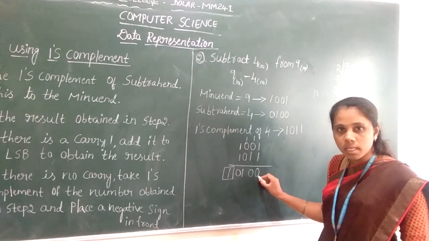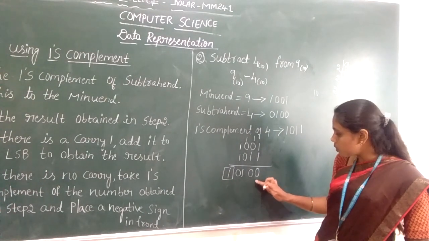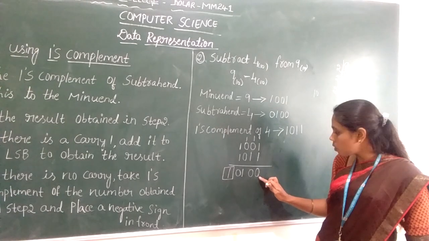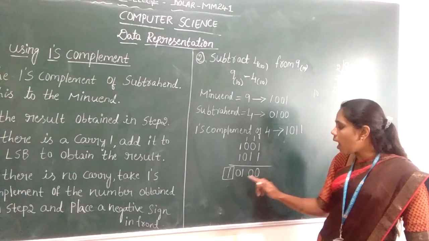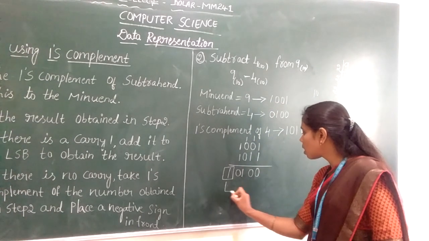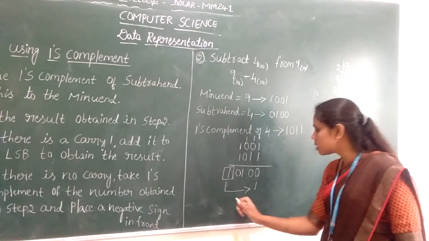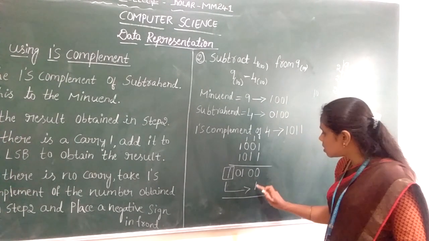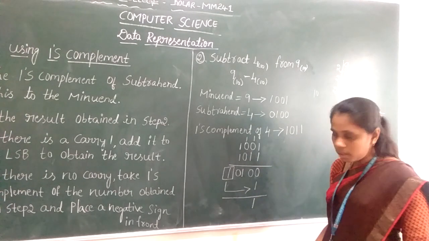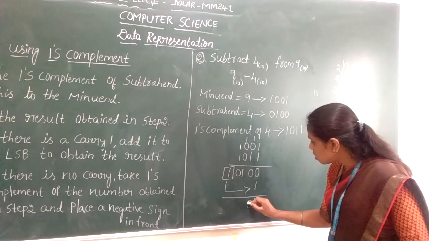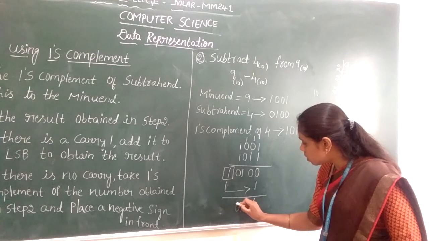Here LSB is the least significant bit. Add this 1 to the least significant bit. Now 0 plus 1 is 1, giving 1010.